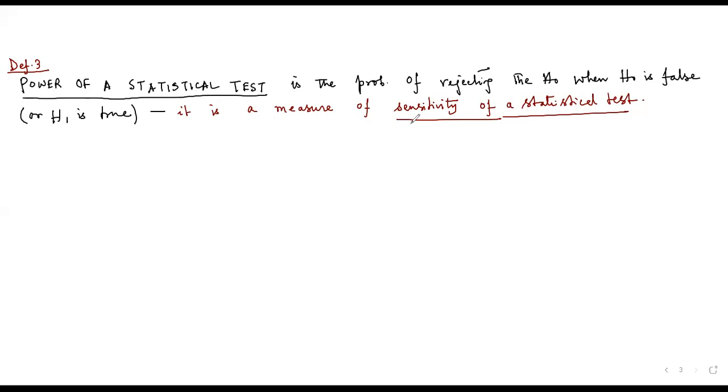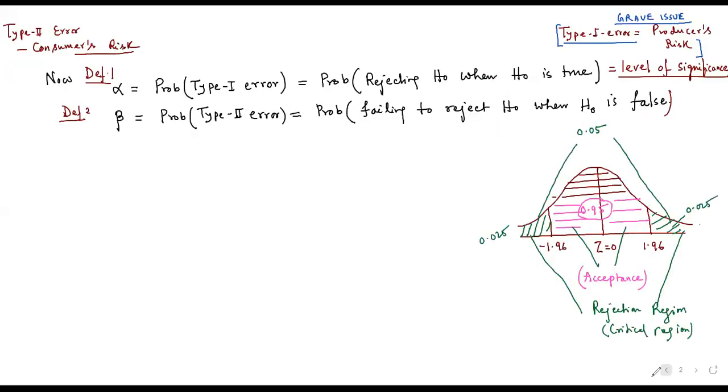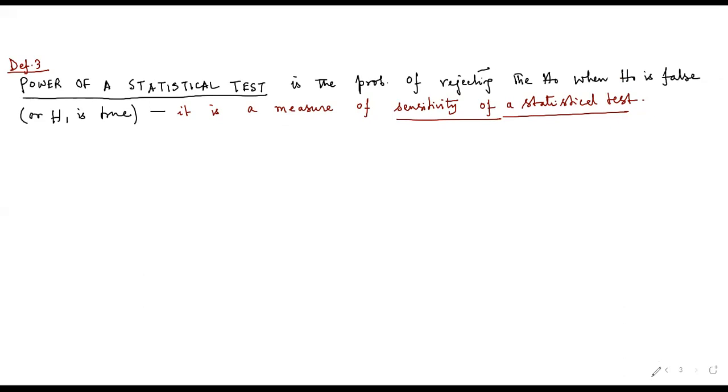Then you have committed a type 1 error. And after that, you are still wondering whether this error is the one made by you, or whether it is because of some inherent nature of the sample that you have chosen. The person who has given you the sample, can he be believed?